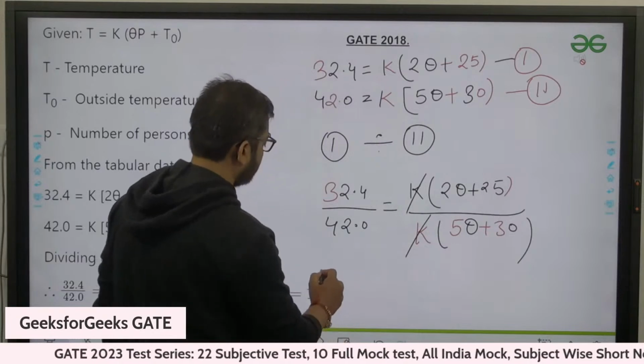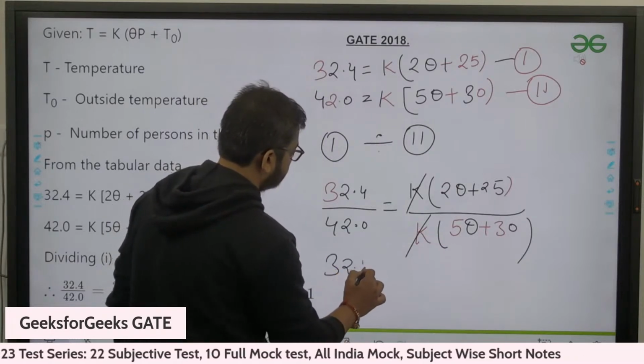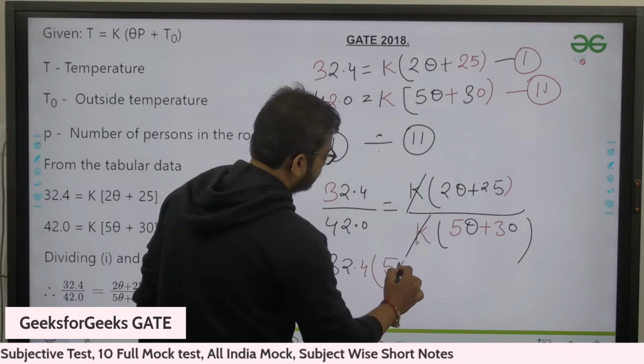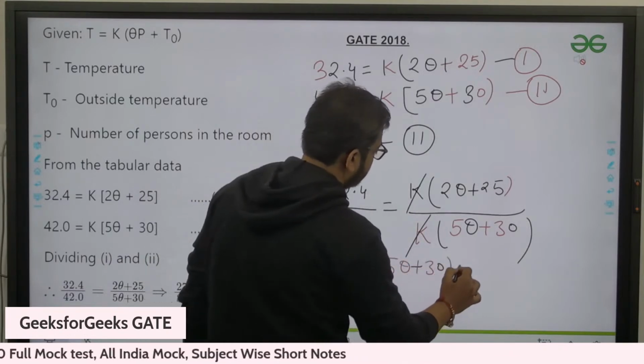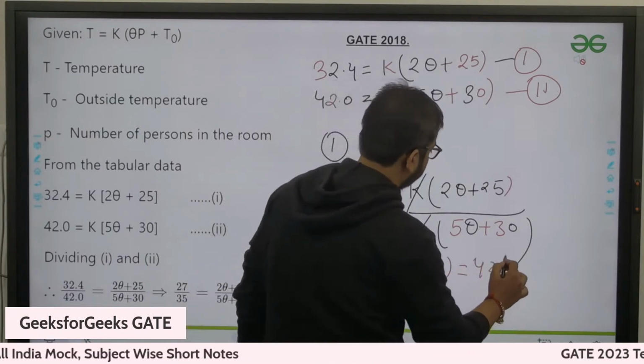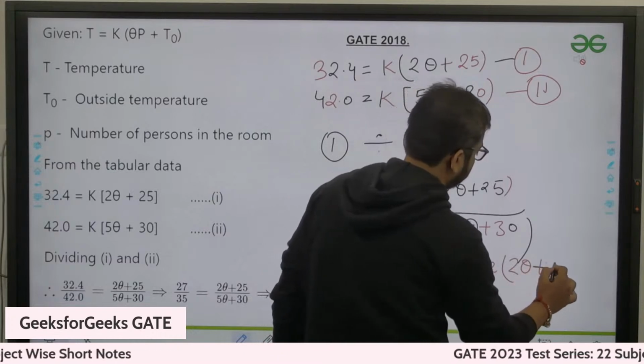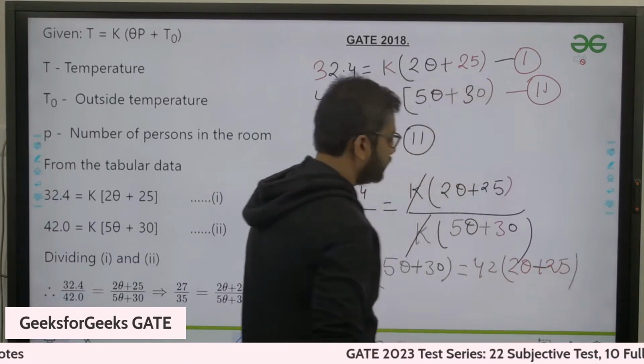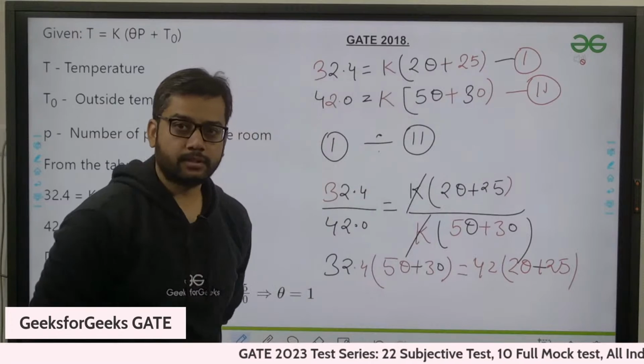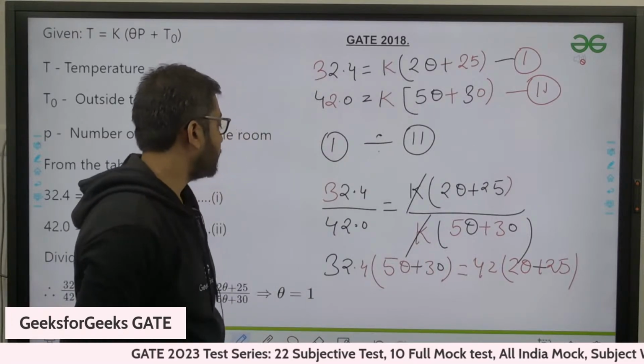Now this is a cross multiplication. So 32.4 times 5 theta plus 30 is equal to 42 times 2 theta plus 25. Till now, any doubt? It's just a cross multiplication.